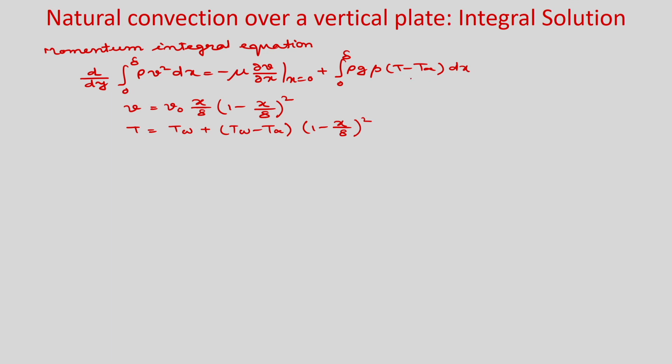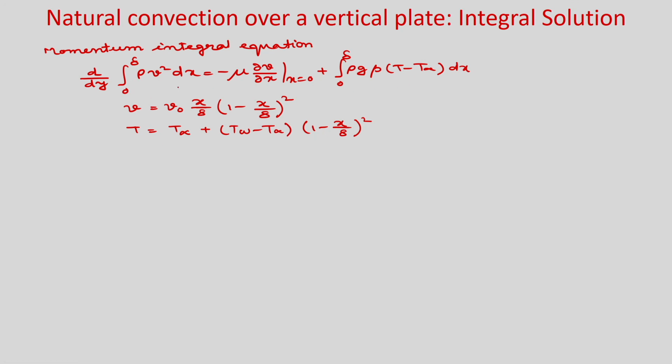Okay. So, here you can see you have T minus T infinity. So, T minus T infinity will be (T w minus T infinity) into (1 minus x by delta) square.